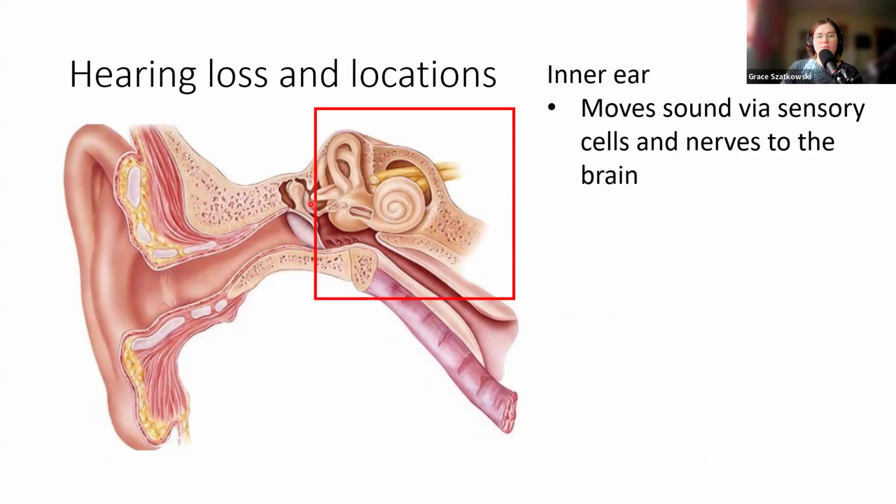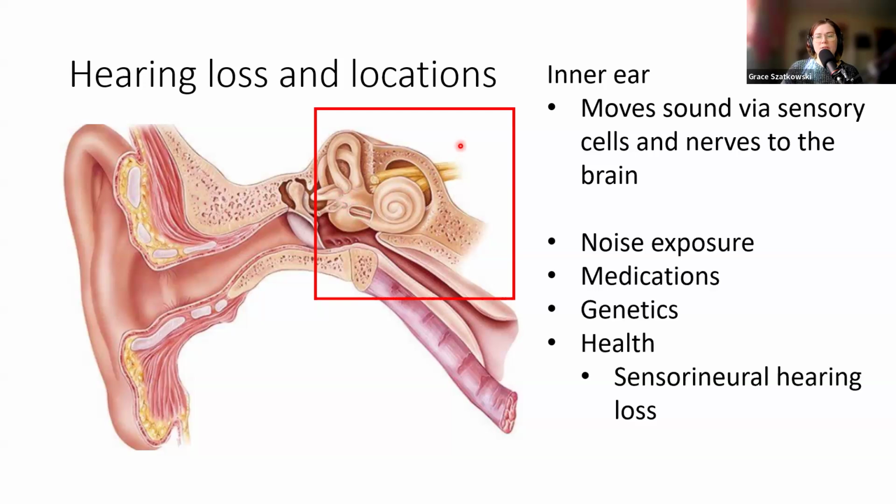The final place, and really the focus of this presentation, is going to be the inner ear. The inner ear has this lovely organ known as the cochlea here, which contains many cells and nerve endings that really help us to understand speech and get all of that beautiful information up to the brain.